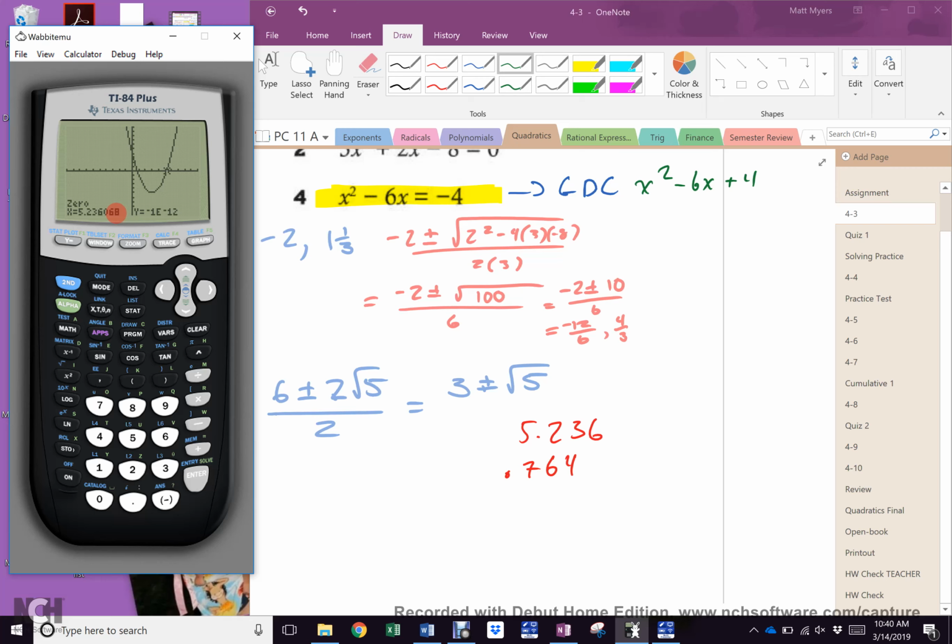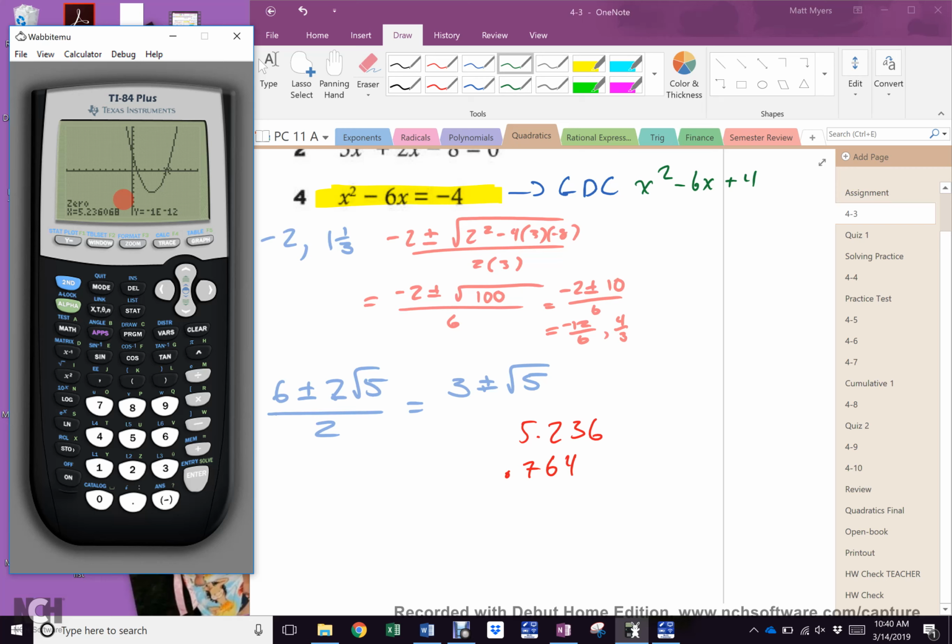No, that's why I didn't let you touch this until we had done a ton of them with our regular old piece of garbage calculators. Everybody with me? If you are having trouble using this thing, is that anything to be discouraged about? No, because you can do the actual math. Every time. Everybody good?